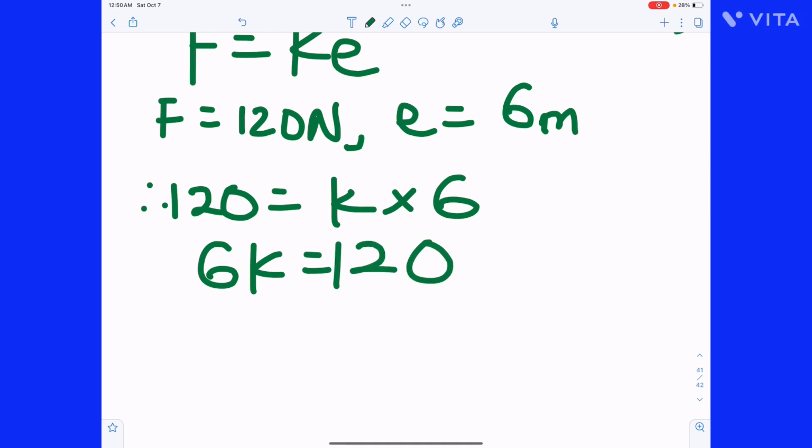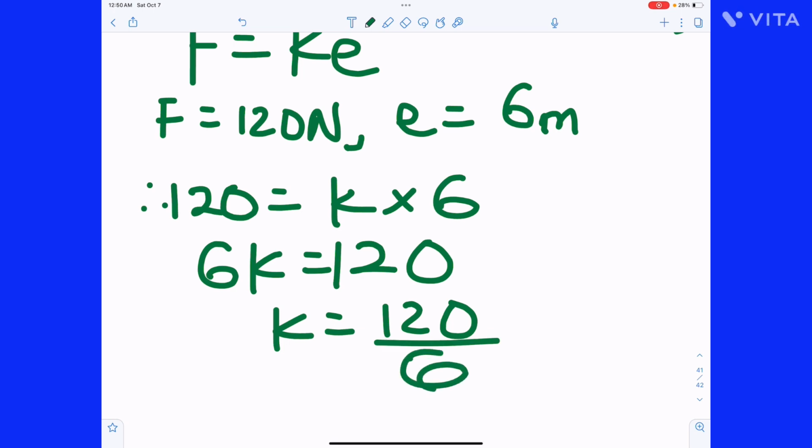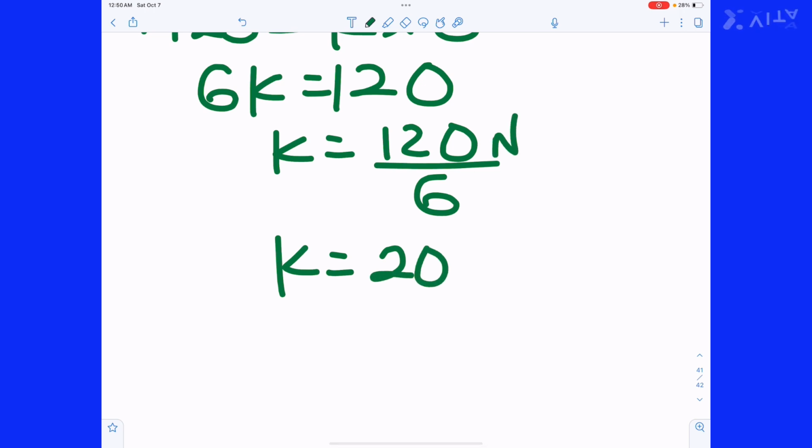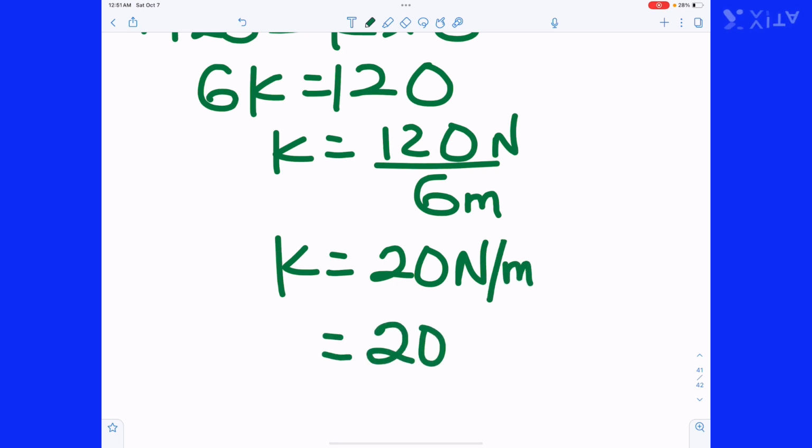That gives you 6K is 120. And that's K is 120 over 6. So K is what? 20. 120 is in newtons, don't forget. 6 is in meters.